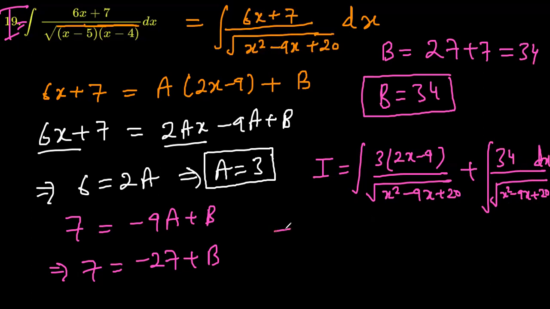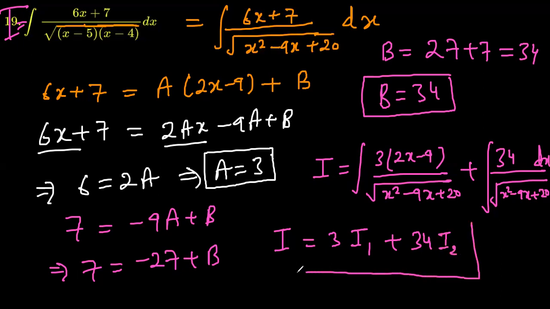So we can write I as 3 times, let's say this integral, we take out this constant, and the remaining is I1. 3 times I1 plus, taking away this 34 also, 34 times, let's say that integral as I2.